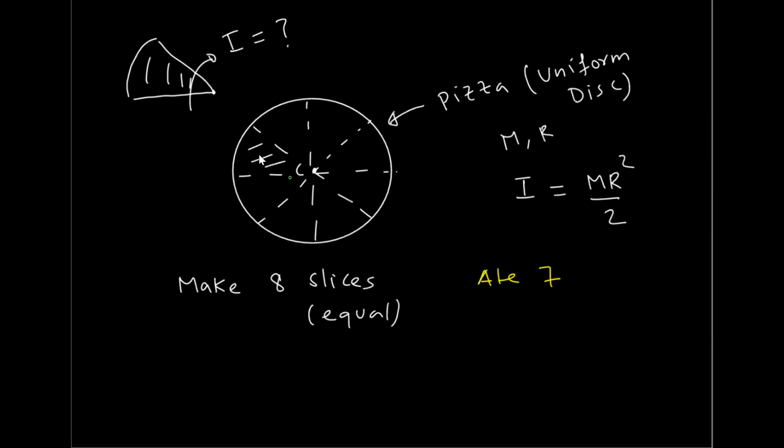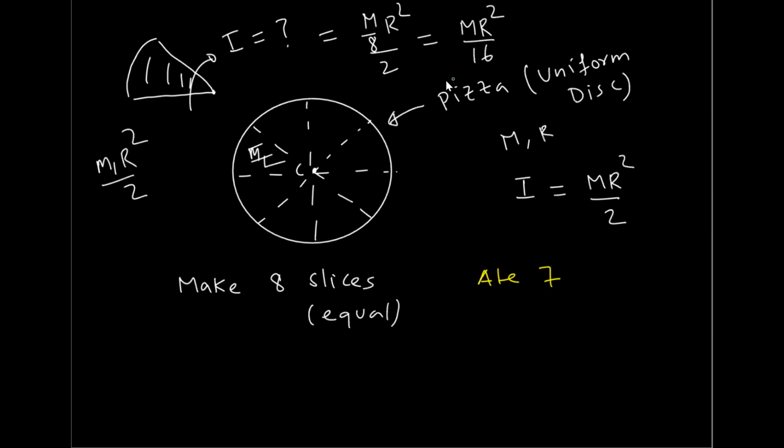So if I have this slice with mass m1, even though I don't have a complete disk, every sector will have same moment of inertia, m1 r square by 2. So for this slice, the mass is m by 8. So m by 8 r square by 2. So it is mr square by 16. Very nice.